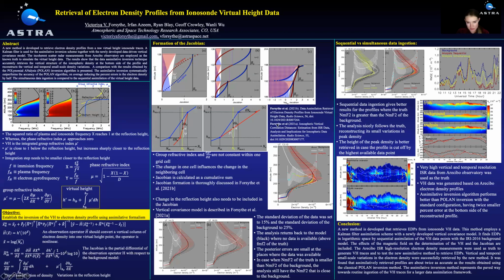This concept can be explained in this figure. Let's say the blue line represents the initial density in one cell and in the next cell. Let's say in the bottom cell, the density would be changed by this delta NE portion.